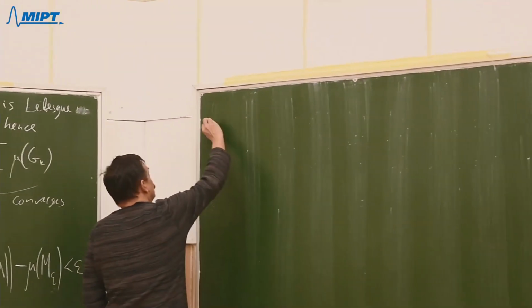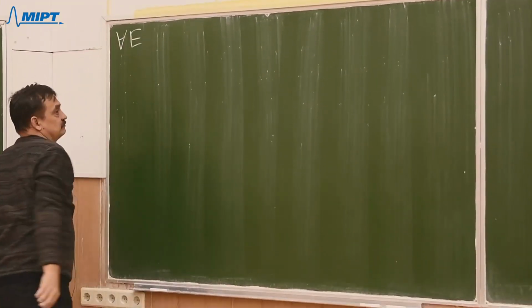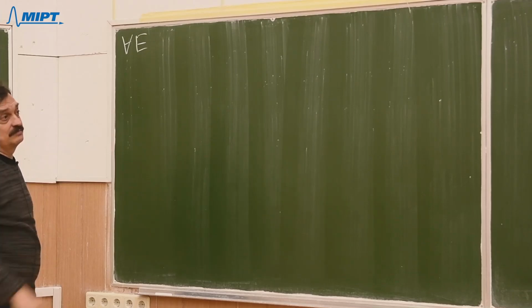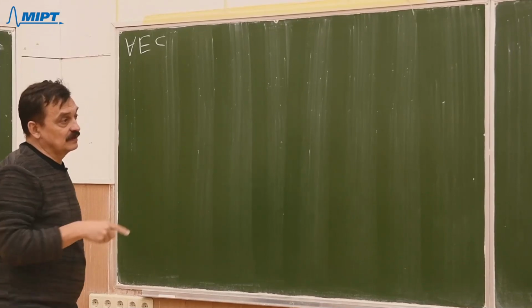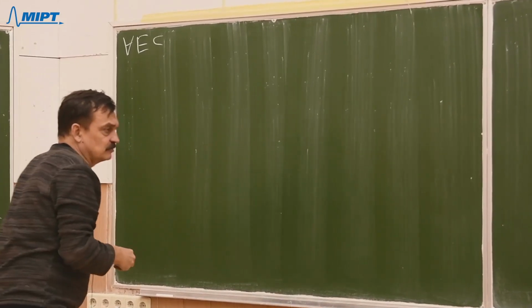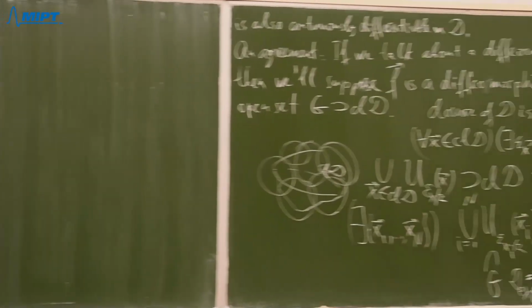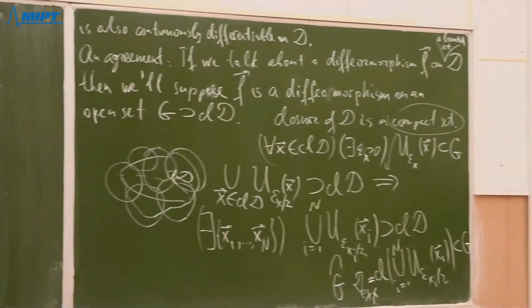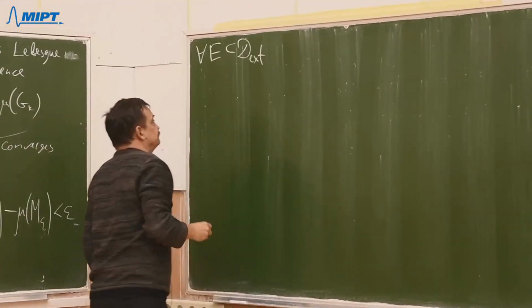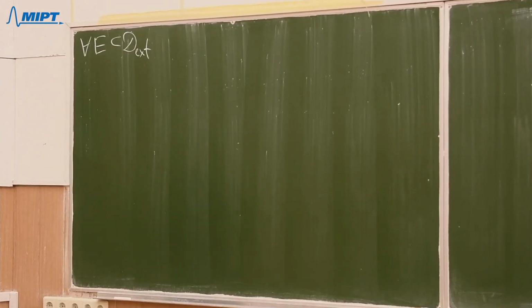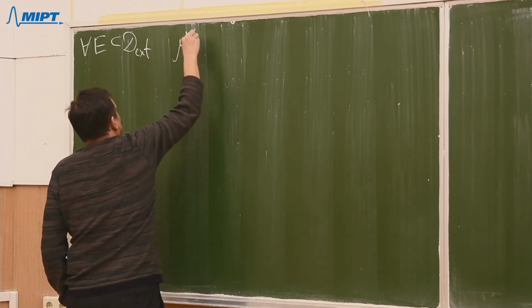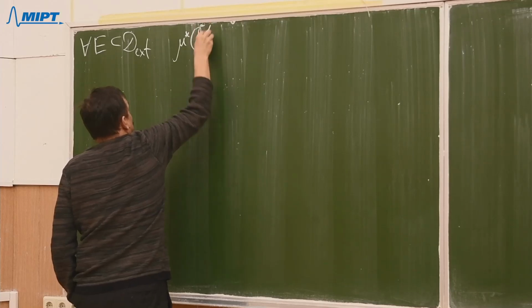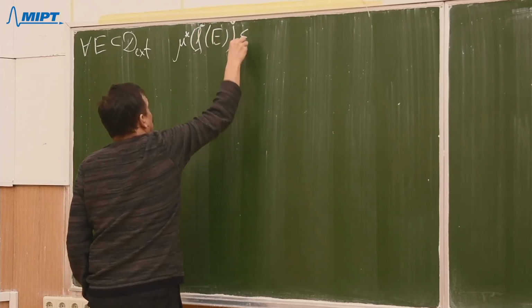For an arbitrary set E, measurable or not, in the domain, we can write an estimate for the outer measure of the image of E, and it is less or equal.